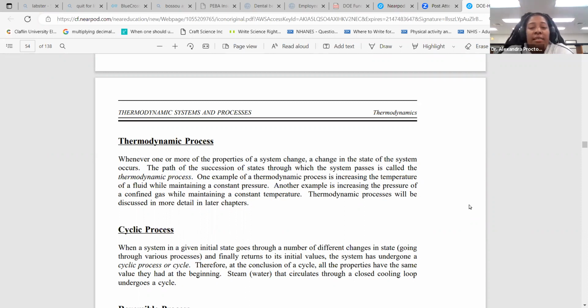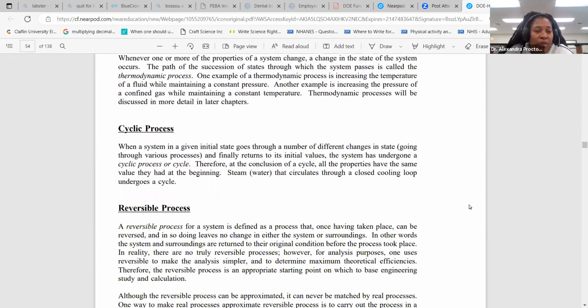For us, we take physical chemistry 1, 2, or 3, and then of course in graduate school, we wanted to know what kind of process was going on. So what we could consider was happening at constant temperature or constant pressure. Thermodynamic processes will be discussed more later.